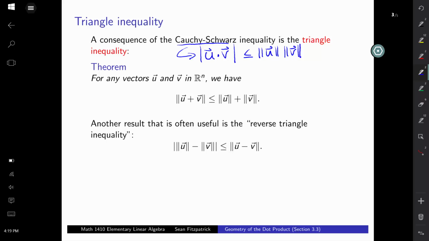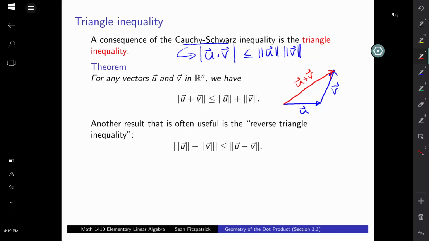And the way you can see this is, if you think about adding your vectors tip to tail, and in fact this is where the name triangle inequality comes from. Okay, if I draw my vector u, and I draw a vector v, then of course the vector u plus v, their sum, if we add them tip to tail, is sitting there.